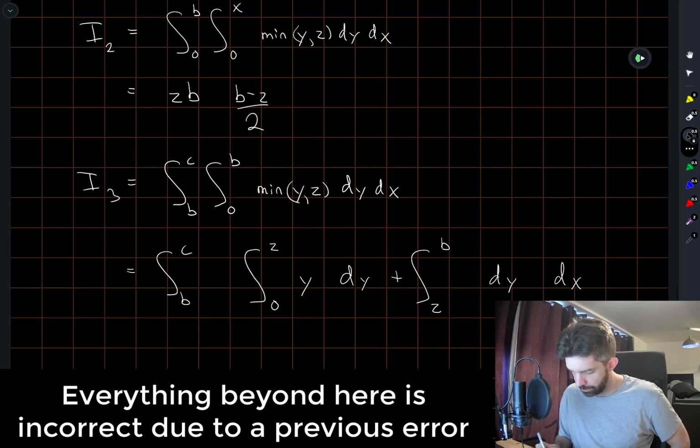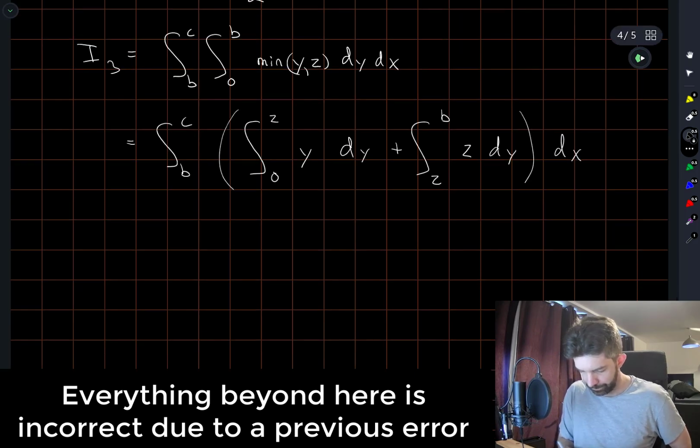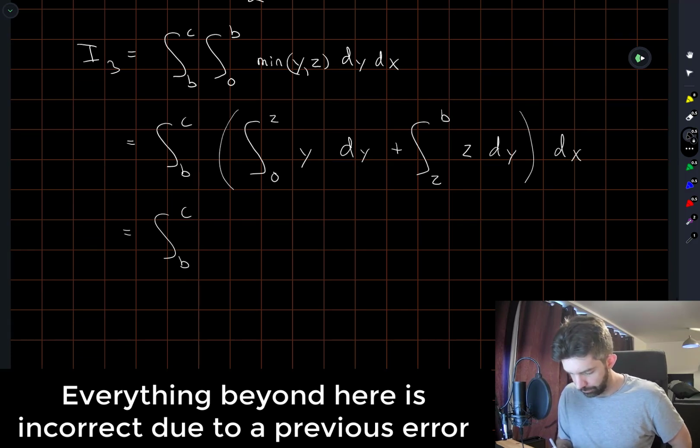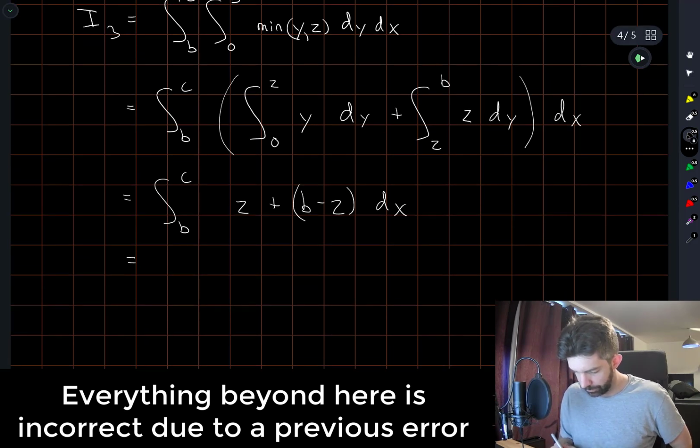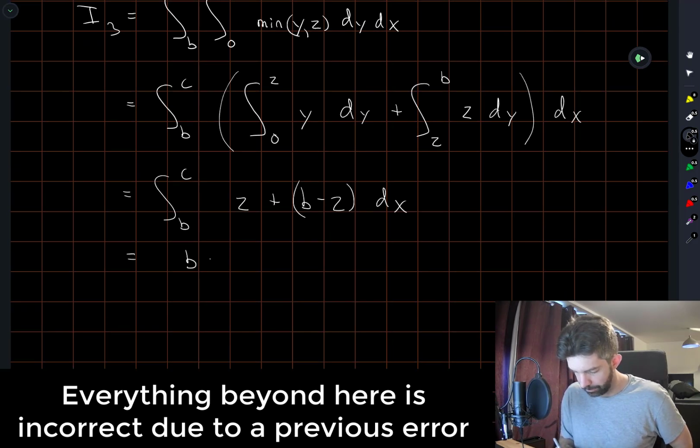When y is large, we're integrating z. So this is just going to give us z plus b minus z. Okay, perhaps I should have seen this coming. So this just gives us b times (c minus b).